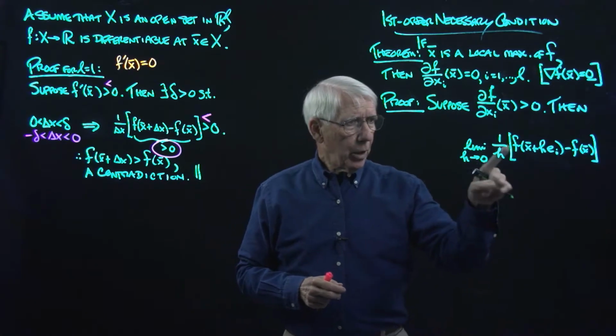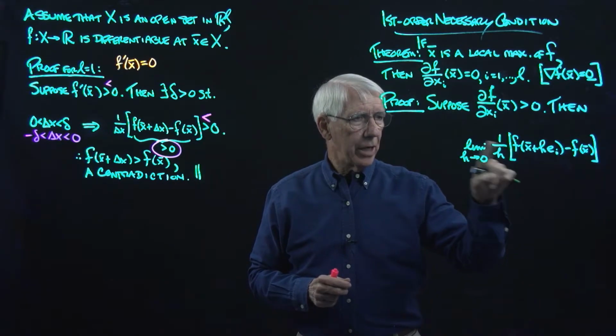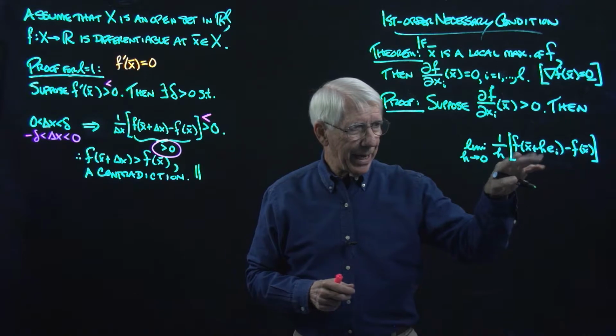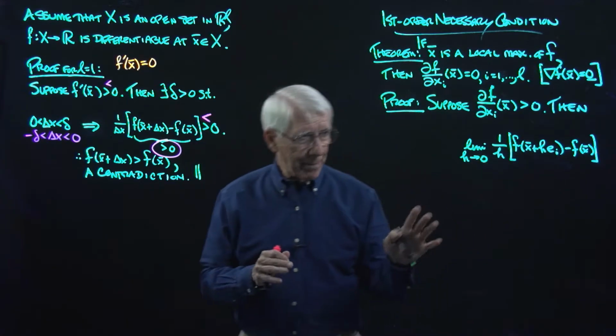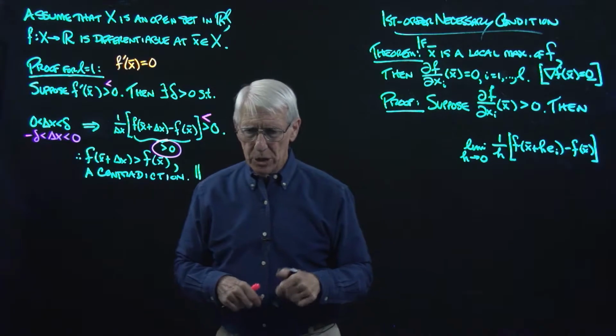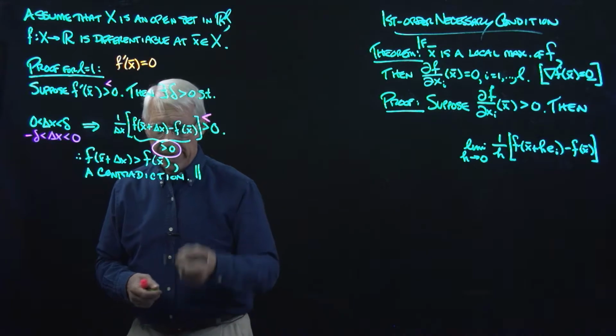So before actually going on to finish the proof, let me draw a little diagram of what's going on here, because with the h and the e_i, that might not be completely obvious right up front. So let's draw a little diagram over here.